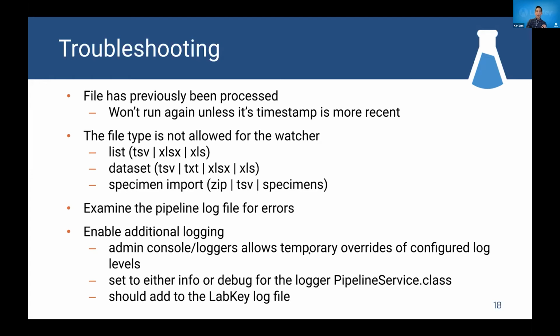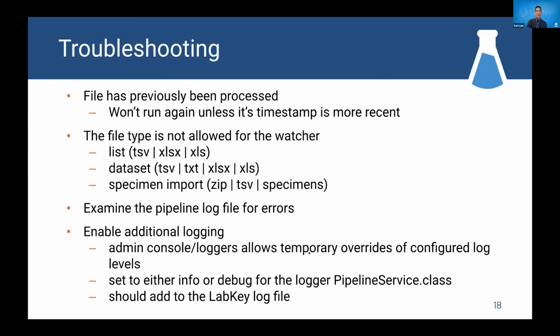And so unless the timestamp is newer than the last time we ran it, that file watcher will not be picked up. Additionally, some file watcher types are specific about the extensions that they will allow. And so here's a list of the allowable types for the list and data set import.